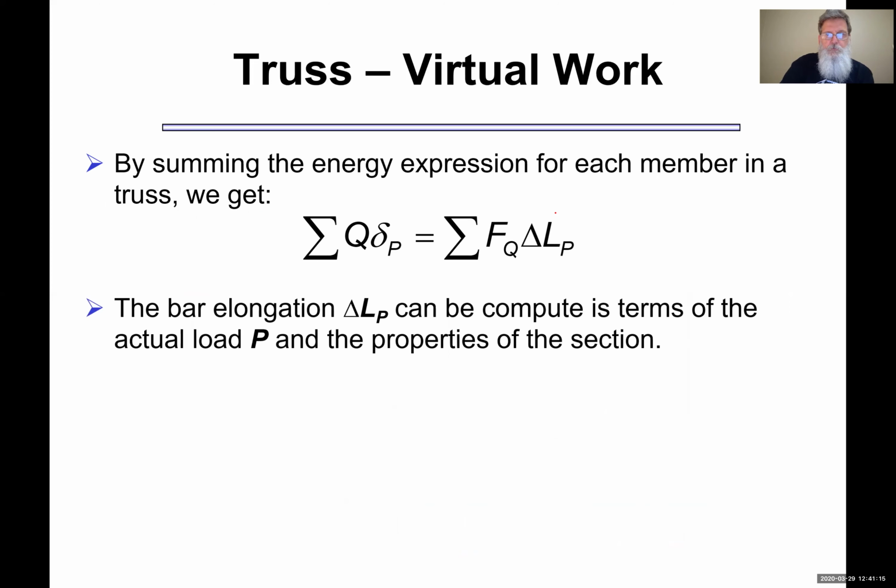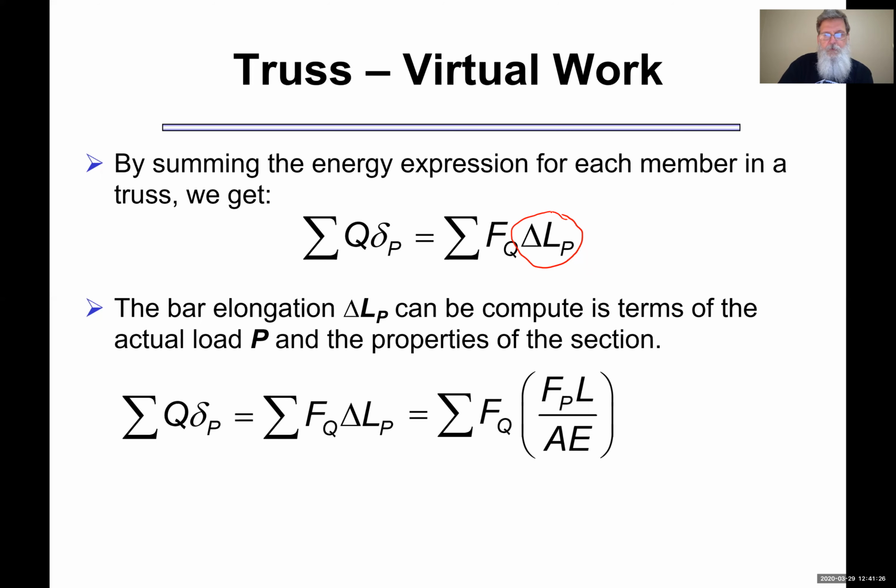Now this real truss, well, I can make an approximation for that. So I'm going to replace that with the real force F times the length divided by AE. So the force times the length divided by AE gives me this displacement.